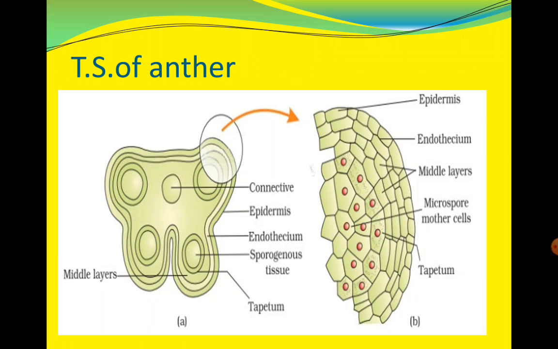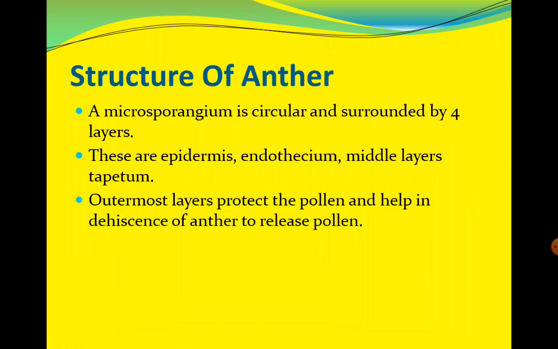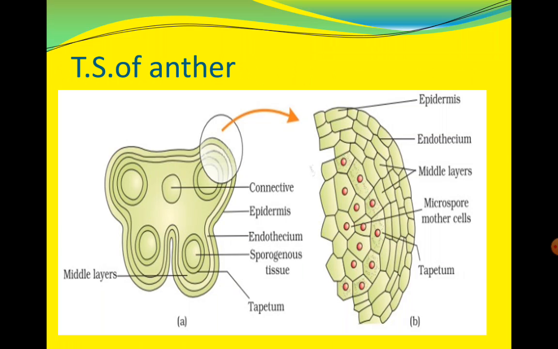This is a TS of anther. So anther is basically circular and surrounded by four layers. So these layers are: outermost layer is epidermis, then endothecium, then middle layer, and the innermost is called tapetum.